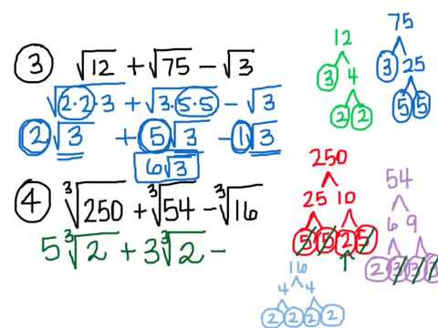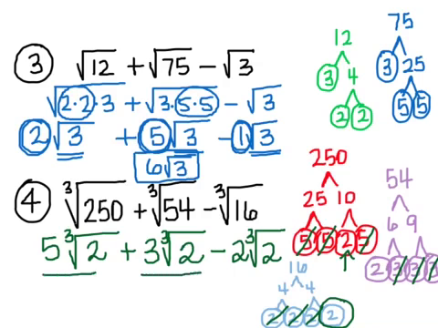And then finally on 16, we have a set of 3 2's, means we can pull a 2 out, but we also have a leftover 2 that has to stay inside. Now you have the cube root of 2 on all of them, so I have 5 of these, I have 3 of these, minus 2 of these, that's 8 of those, minus 2 of those makes 6 of those.